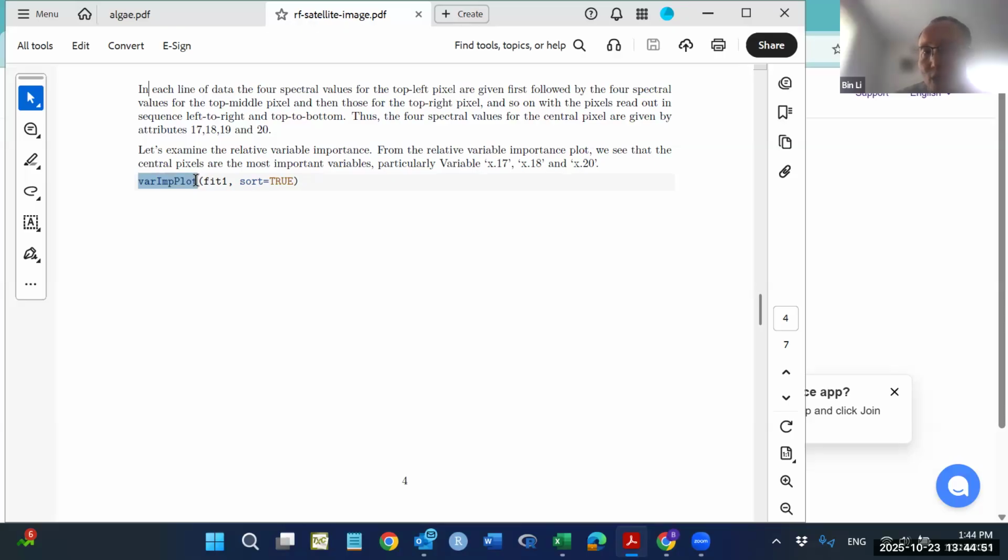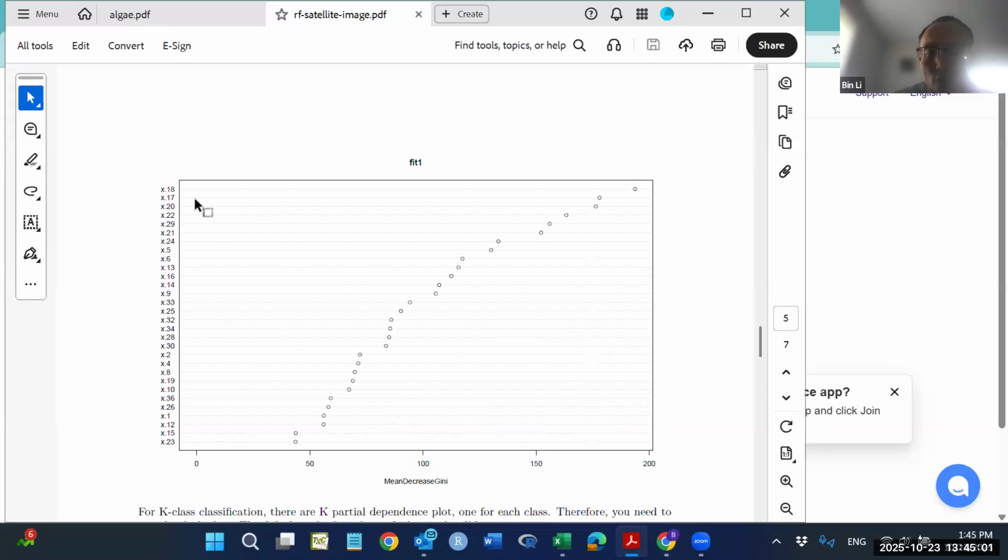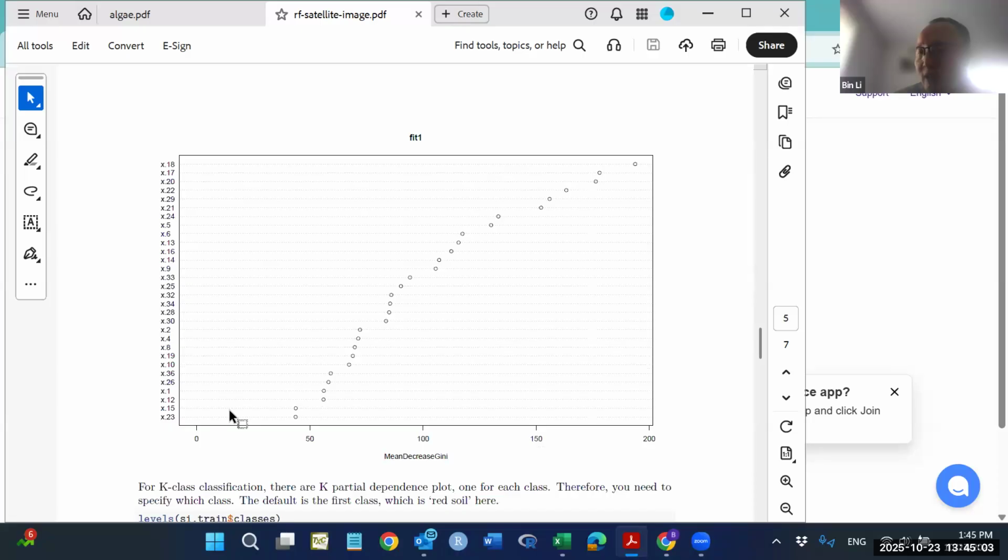Just using this function, it will show you the relative variable importance. Here I set sort equals to true, so it will show you in decreasing order. The top ones are the most important. You can see X18, X17, X20 are the most important, and then it goes down.